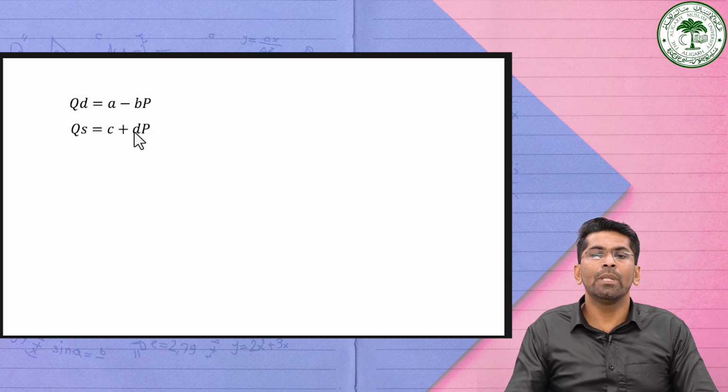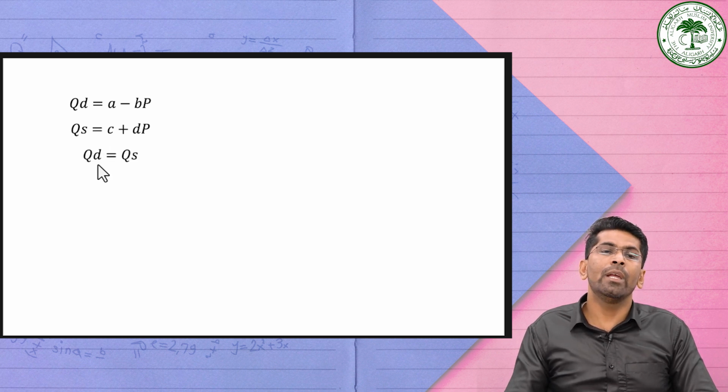The sign of D is positive, showing that there exists a positive relationship between price and quantity supplied. So this is the linear form of the quantity demand equation and the supply equation we have.